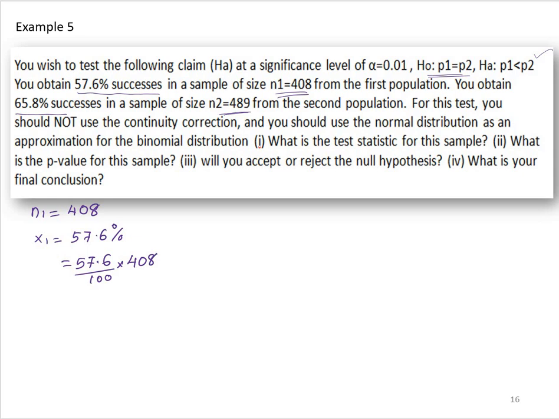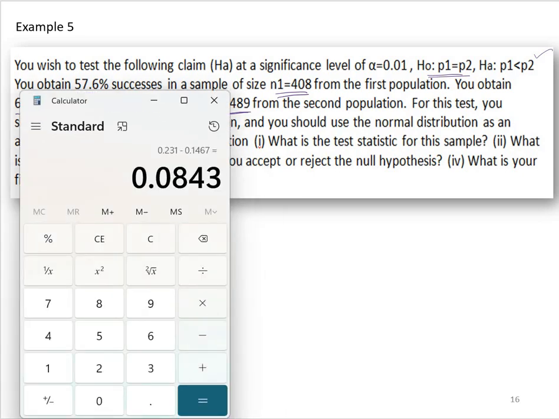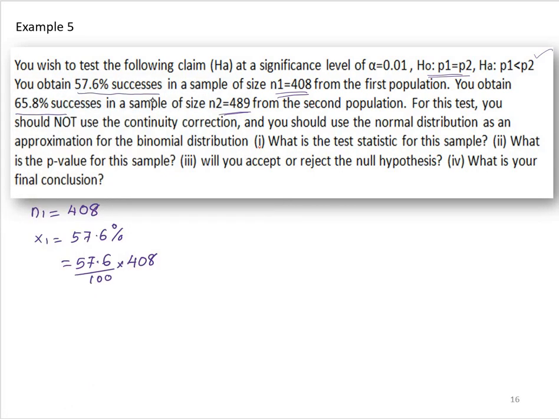We can do that with the help of a calculator, and that is 0.576 times 408 equals 235. So we can choose X1 as 235.